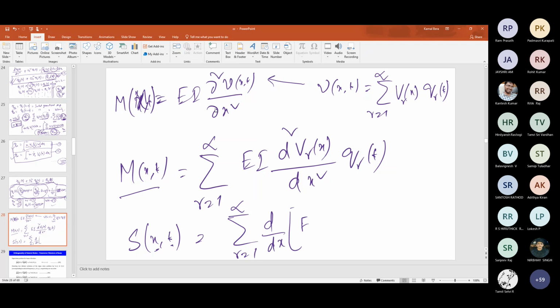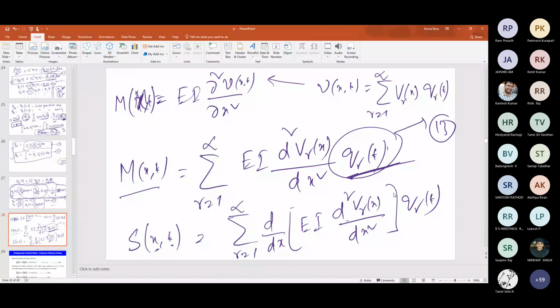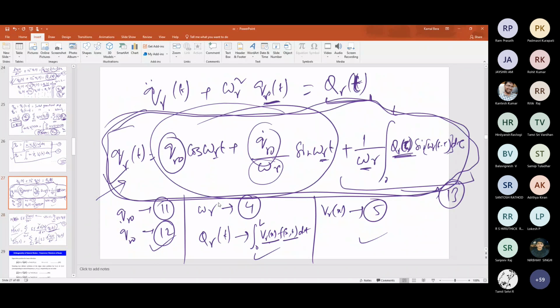Since EI is constant, I can take it out, but anyway it doesn't matter. Q_r(t) is known to you from equation number 13. Thus you can find the bending moment and shear force.